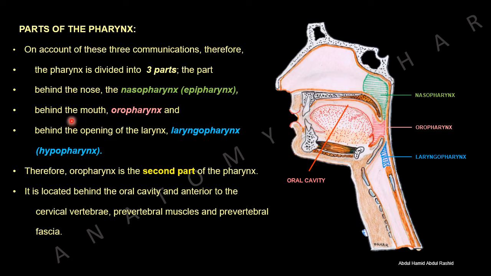The part behind the mouth, called oropharynx, and the part behind the opening of the larynx, called laryngopharynx, also known as hypopharynx. Therefore, the oropharynx is the second part of the pharynx. It is located behind the oral cavity and anterior to the cervical vertebrae, prevertebral muscles, and prevertebral fascia.